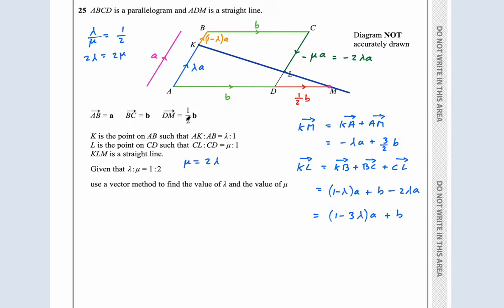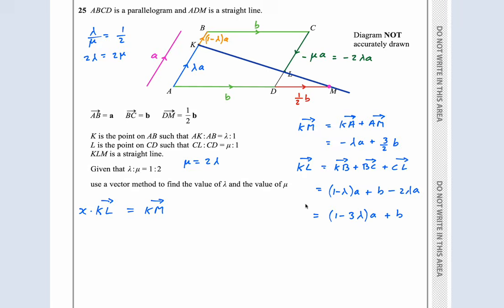So let's write this over here. Vector KL is equal to the vector KM, but wait, they're not equal. If I multiply KL by something, let's multiply it by X, X times KL equals KM. This is a multiple of this. Now, what are we multiplying it by?